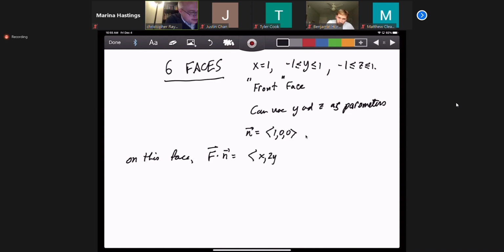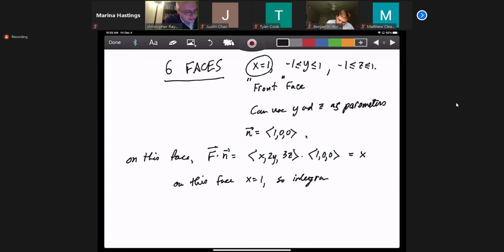So we had x, 2y, 3z. We're going to dot with 1, 0, 0. That's just going to be x. And on this face, x is equal to 1. So the integrand f dot n is equal to 1. Okay, so was everyone able to follow along that development? Any questions there?